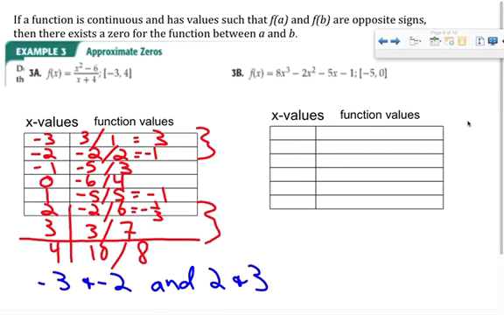In part B, we're doing the same thing. This time, my interval is -5 to 0, so I start at -5. And you're plugging that 5 into that trinomial, or polynomial, so I really hope you have a calculator.